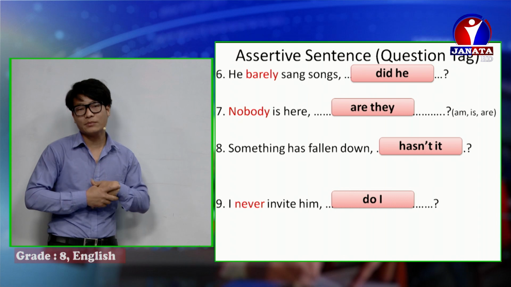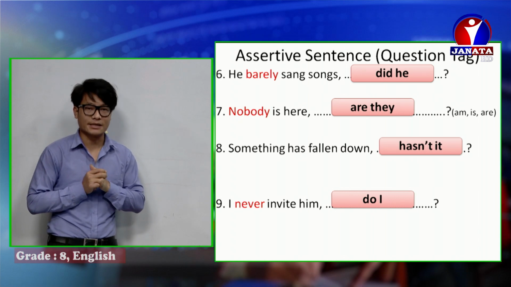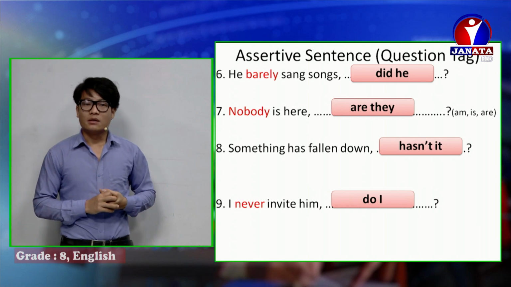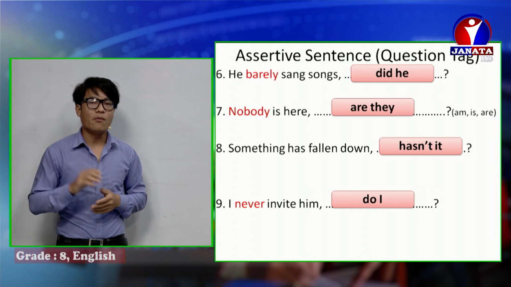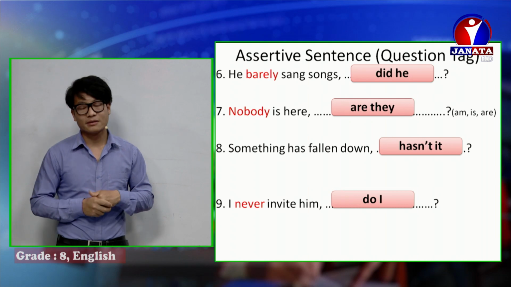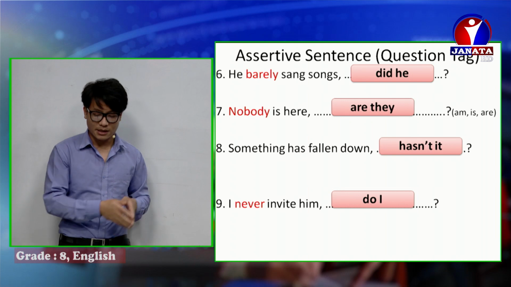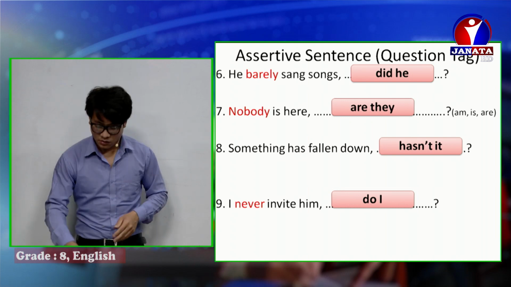Now it's time to start imperative sentences. I have told you that the sentence which starts with the main verb 1 and ends with a full stop is an imperative sentence, which is used to command, order, or request. Now let's make its question tag.